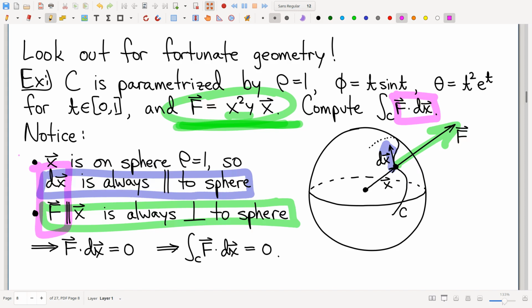If they're perpendicular, their dot product is 0, and that means that this line integral is 0, and all of the ugliness that we could have had to plod through, poof, disappears, puff of smoke, answer 0. Walk away. What do you think? Everybody buy it?